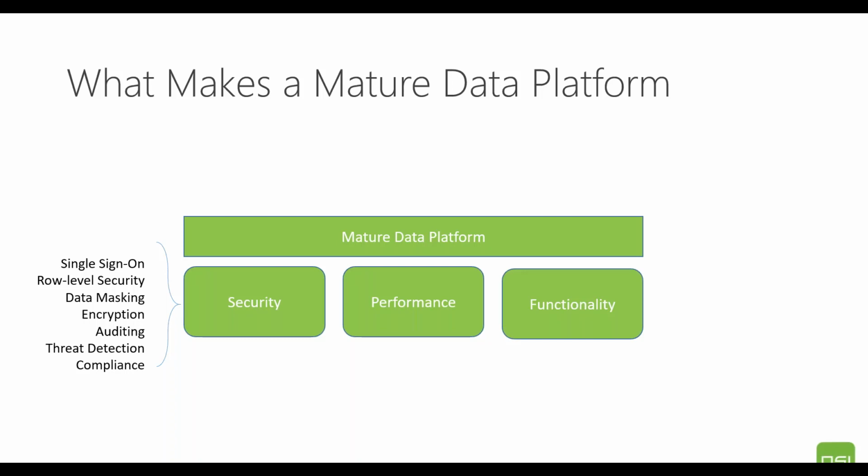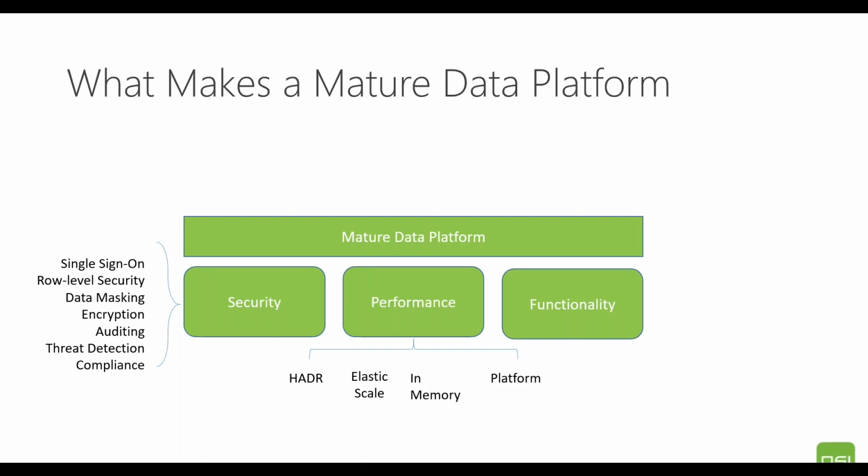But what's more important is not the data, but the information that can be gleaned from the data. So can the data stored within my mature data platform get the right information to the right people in the right format at the right time, so that they can make the right decision and they can impact positively my organization? So really, functionality comes into that. So let's drill a little deeper into these three pillars.